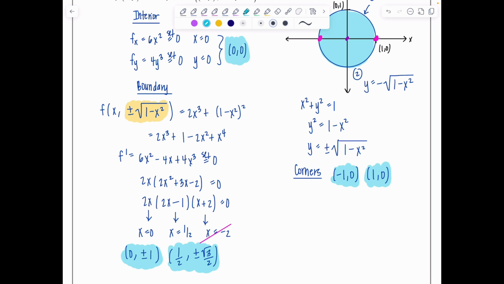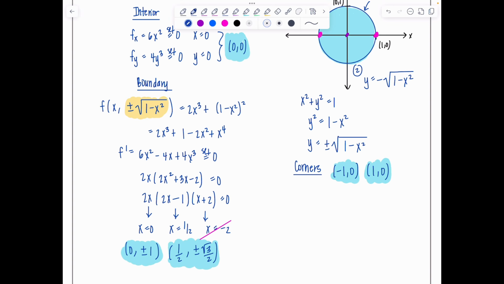Anyways, that's it. So we have to evaluate the function at all of these points. Have no fear, I did it for you. So f of (0, 0) is 0. F of (0, plus or minus 1) is 1. F of (1/2, plus or minus square root of 3 over 2) is 13 over 16.